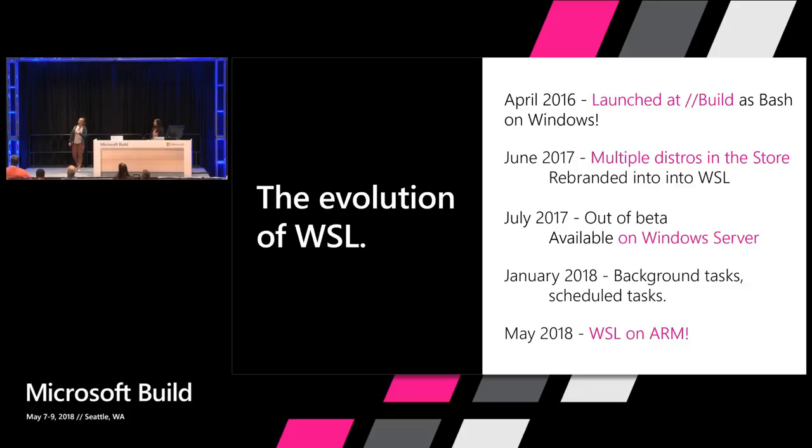And we started supporting more complicated tasks. When we first launched, we didn't support things like background tasks or daemons. Those sorts of things work now. So we've come a really long way. And actually, you probably heard this morning, we now have WSL on ARM. So that's going to be coming up as well. I'm pretty sure that there's actually a session demoing that right after this one. So now we have WSL running on our always connected ARM devices.